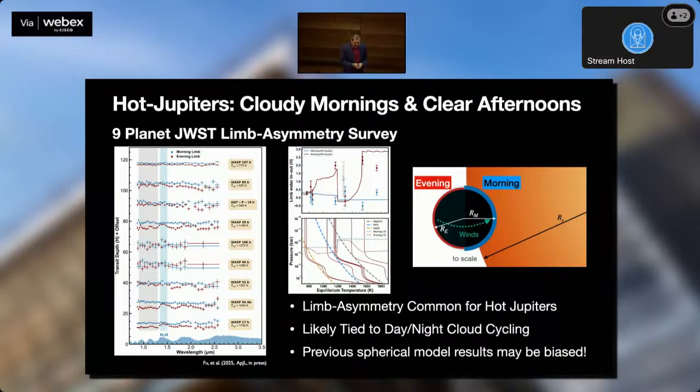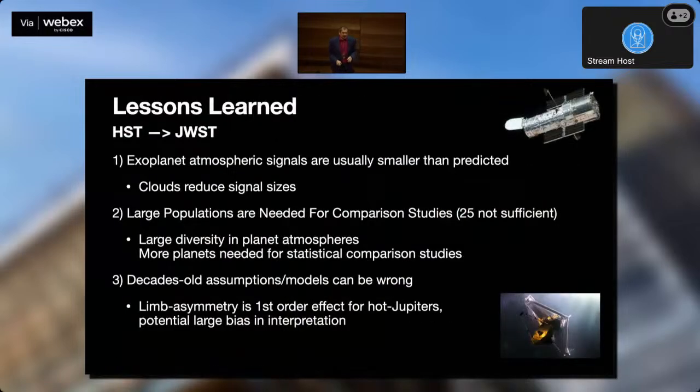So all of these previous results from Hubble and so forth, those interpretations could be very biased. And we didn't really see that until we had this new powerful facility. So what are some of the lessons learned from this exercise? One of the first ones for me is that atmospheric signals are usually smaller than predicted, and clouds are usually the culprit.